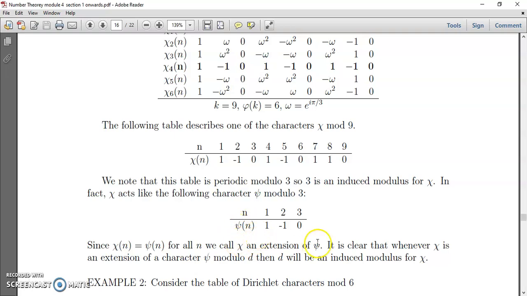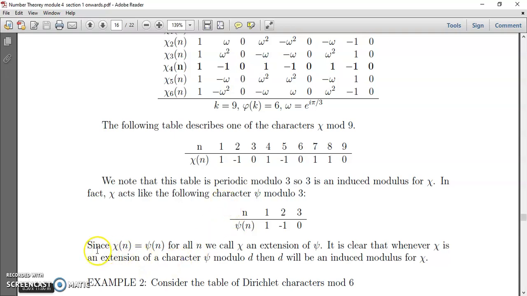Again, psi of 4 will behave like psi of 1, psi of 5 will be like psi of 2, and psi of 6 will be like psi of 3. So clearly this chi of n will be an extension of this psi of n.